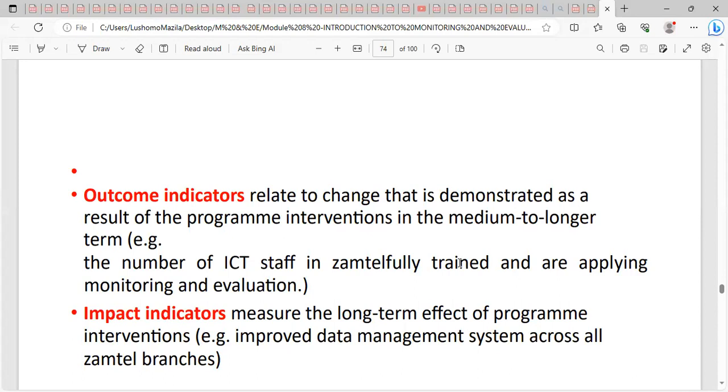Exactly. And this is very important for you to know, because you'll find it even in interviews. They like asking about indicators, SMART indicators and SMART objectives. SMART indicators and SMART objectives are more like one and the same, the same qualities which you had said.